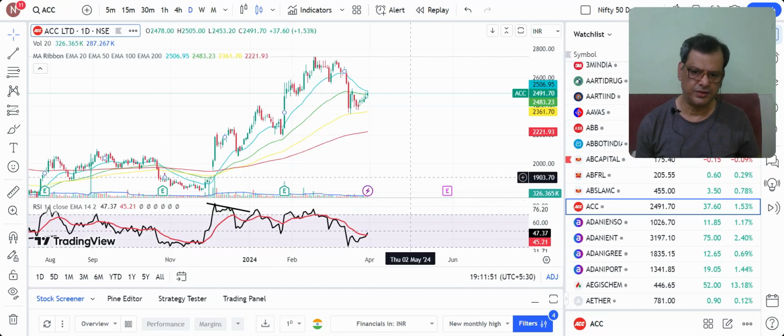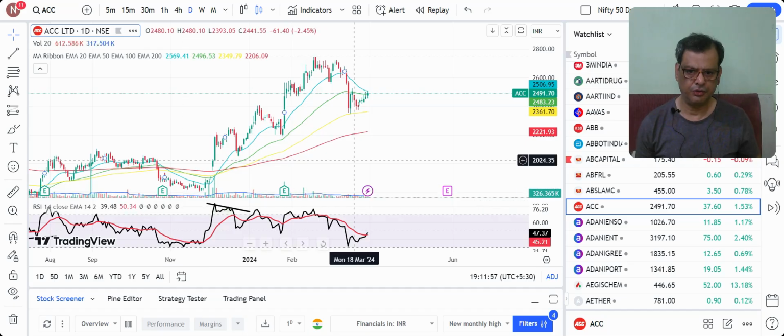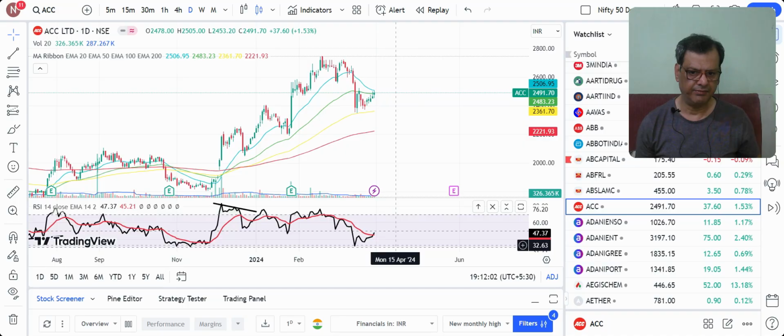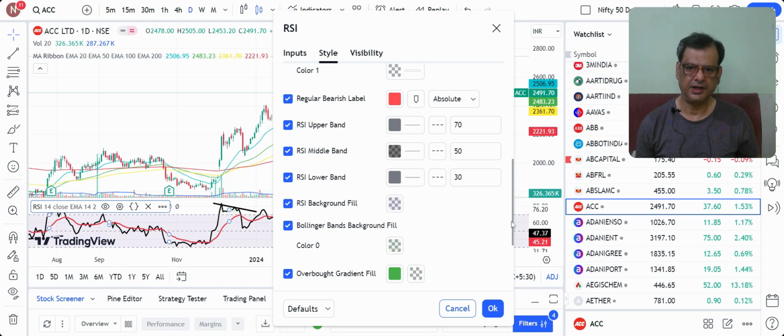Largely the market follows 70-30. You need not be a sheep and follow the market, but you need to use your common sense and backtest whether RSI 20 and RSI 80 is giving you better trading results than 70 and 30. There you are on the second tab, 70 upper band, 30 lower. You can make this 80, make this 20.